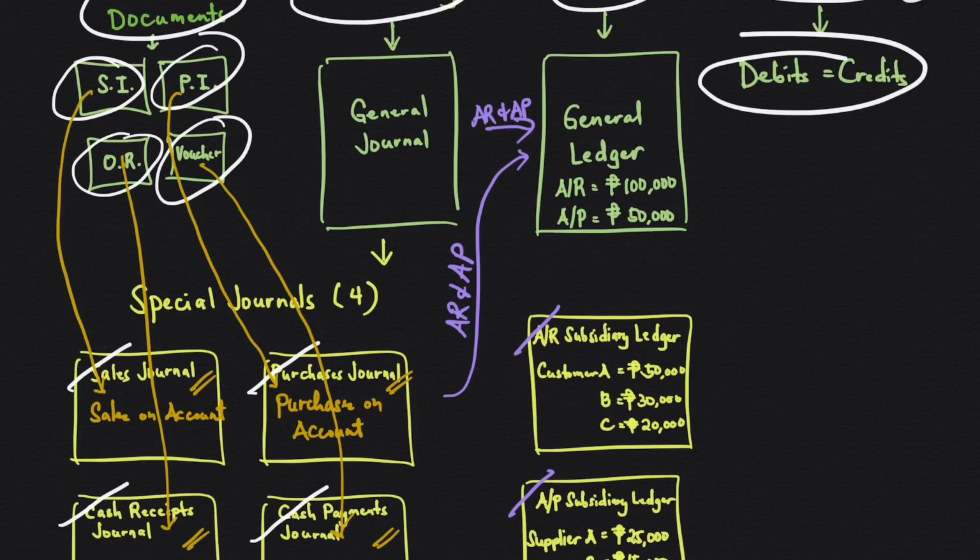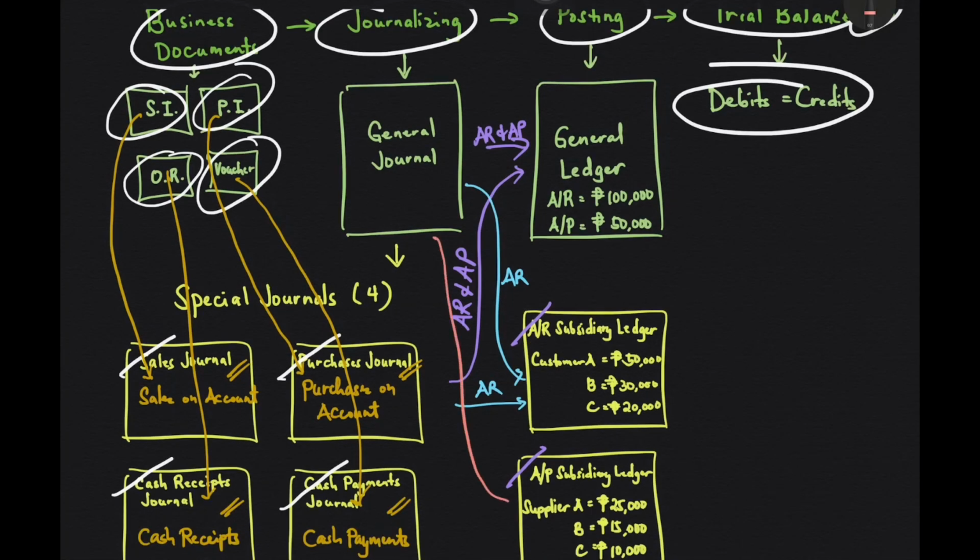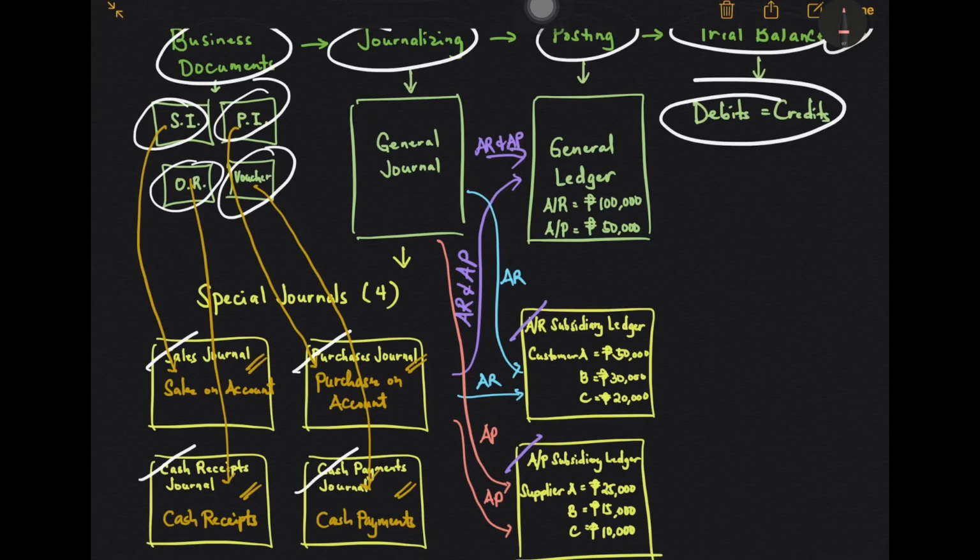AR information from the general journal and the special journals should be posted in the AR subsidiary ledger, while AP information from the general journal and the special journals should be posted in the AP subsidiary ledger. And that completes the overview on special journals and subsidiary ledgers.